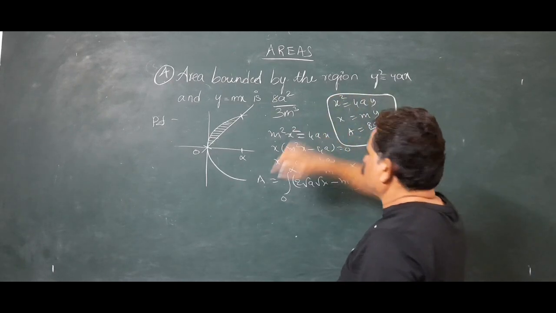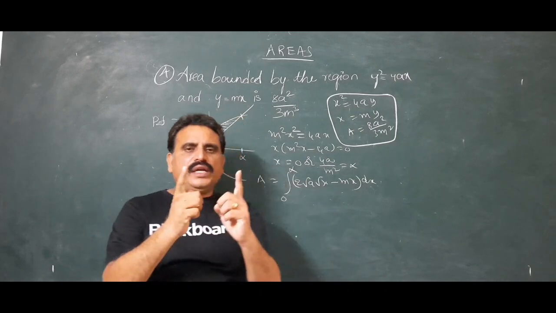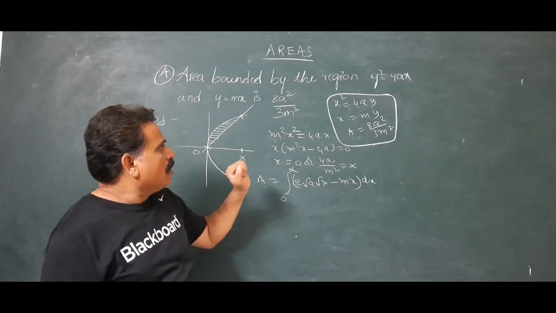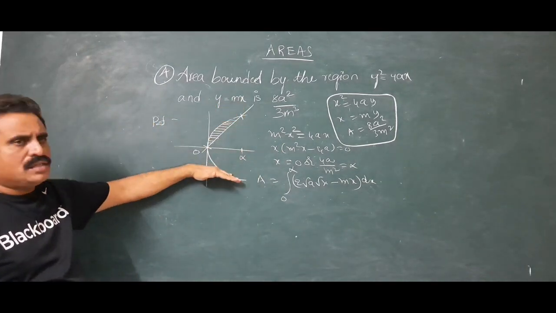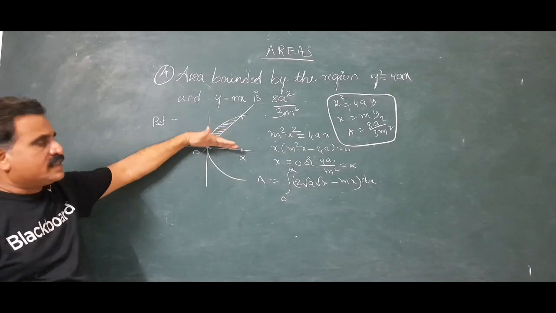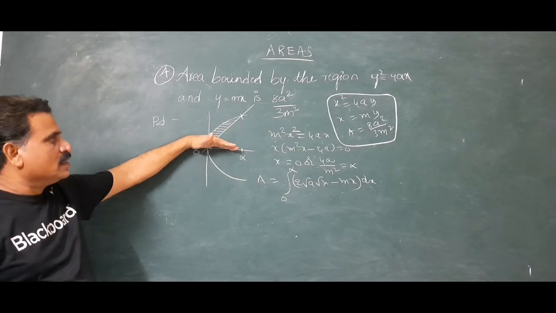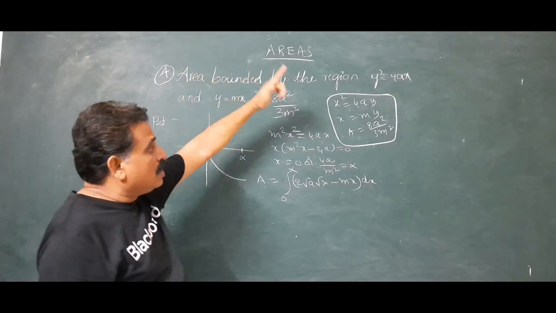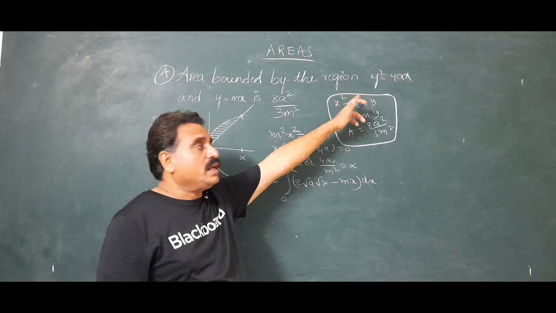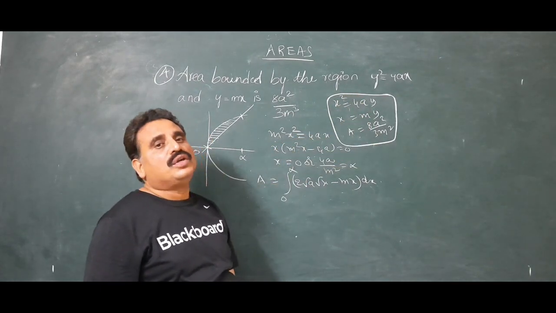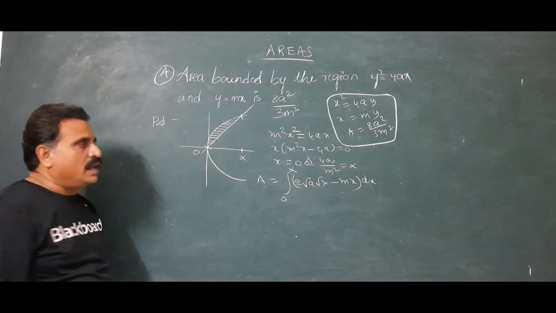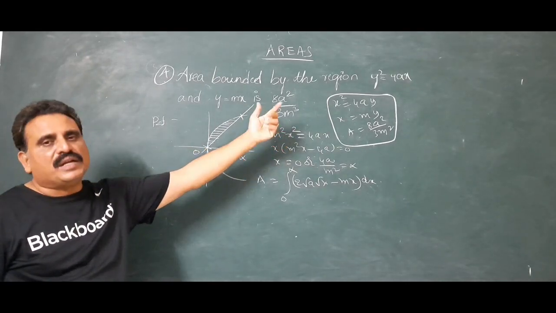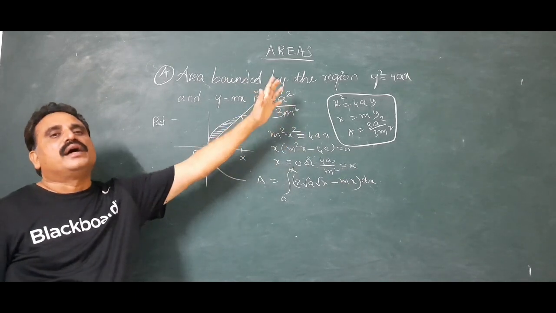Keep in mind, if we interchange y and x, we get the same answer, because y² = 4ax is symmetric about the x-axis, so the area has no change. In this case also, x² = 4ay and x = my. Actually, the graph is like this: x² = 4ay, this one, and x = my, that means y = (1/m)x.